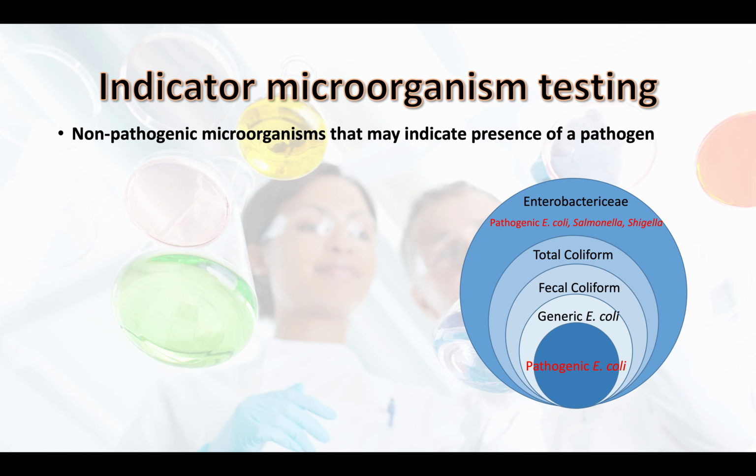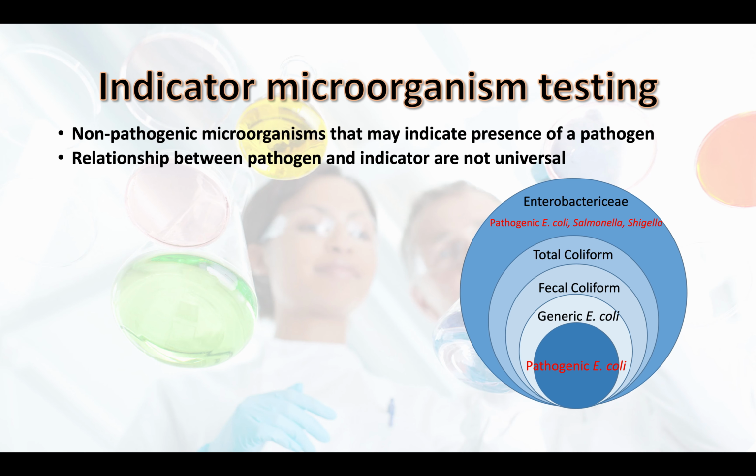Indicator organisms are non-pathogenic microorganisms, but these microorganisms are closely related to pathogens. They grow under very similar conditions to pathogens and have a similar reservoir or source as the pathogens. Therefore, a positive test result for an indicator organism may indicate the presence of a pathogen.